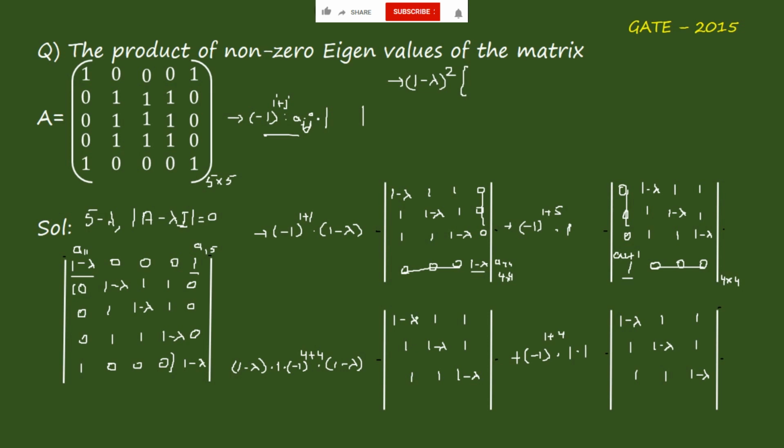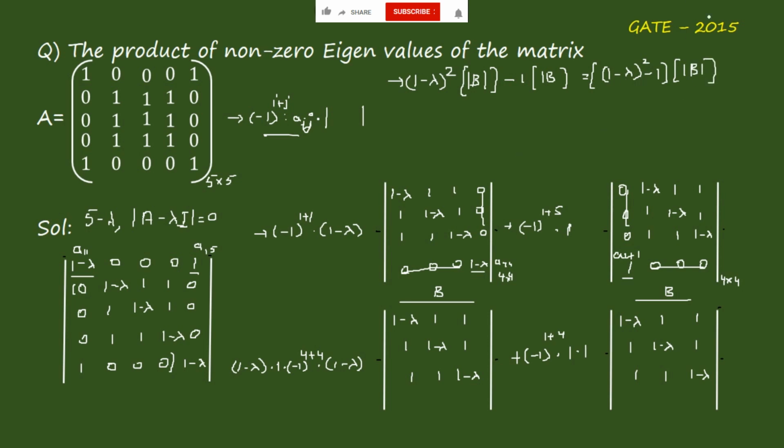If you consider this particular matrix, say it is a B matrix, both of them are same, right? Into the determinant of B, minus 1 into the determinant of B. So we can write this as 1 minus lambda whole square minus 1 into the determinant of matrix B, right?